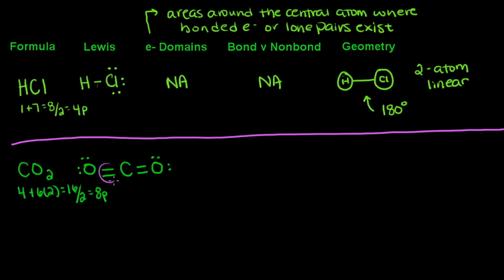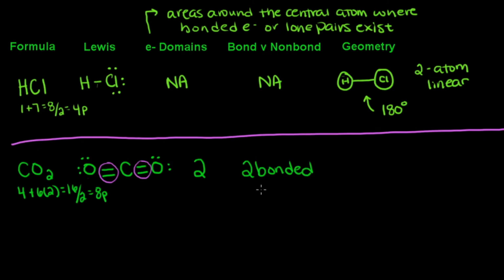Like there's an area here with bonds in it, and there's an area there with bonds in it. Okay, so we would say that this molecule has 2 electron domains, and both of them are bonded. Okay, so they have 2 bonded domains.